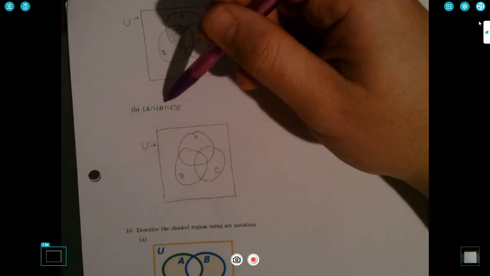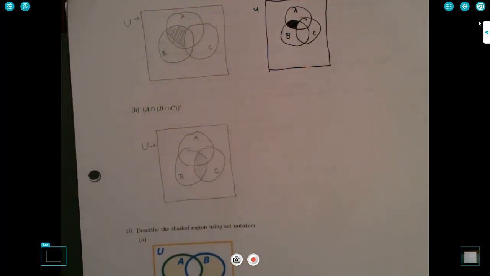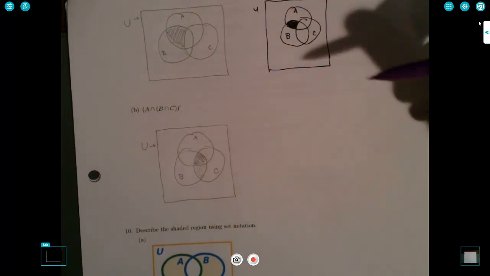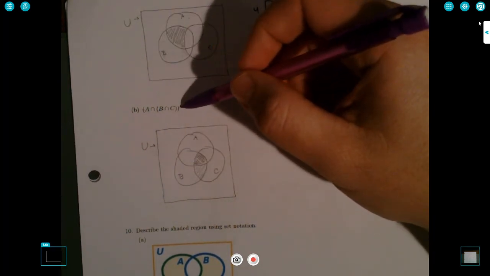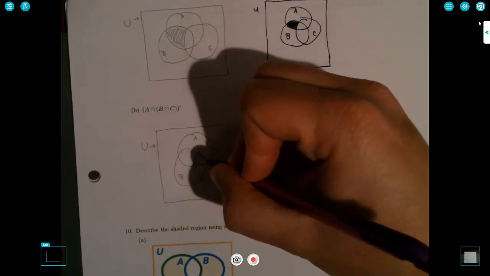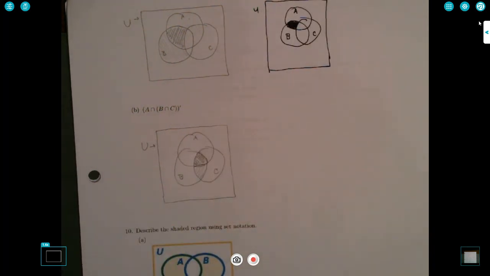I need to start on the innermost part. B intersect C. So B intersect C would be this stuff here. And then I want to intersect that with A. Well, that would just be this stuff here. Okay? And then I want to take the complement of that. So it would be everything else, everything that's not that part.